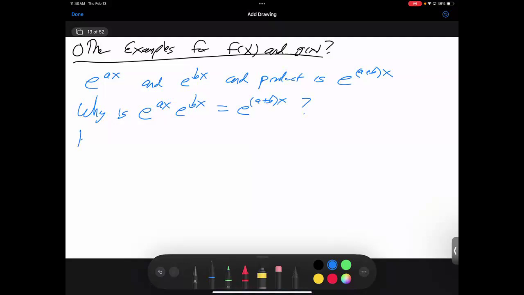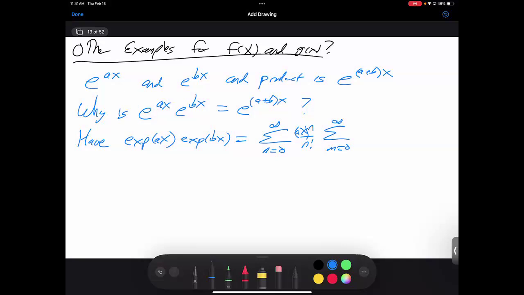What we really have is the exponential function of ax times the exponential function of bx. That is the sum, n goes from 0 to infinity, of (ax) to the n over n factorial, times the sum, m goes from 0 to infinity, of (bx) to the m over m factorial.